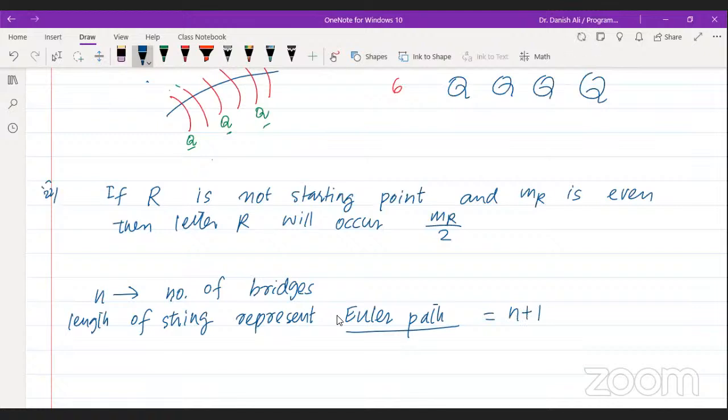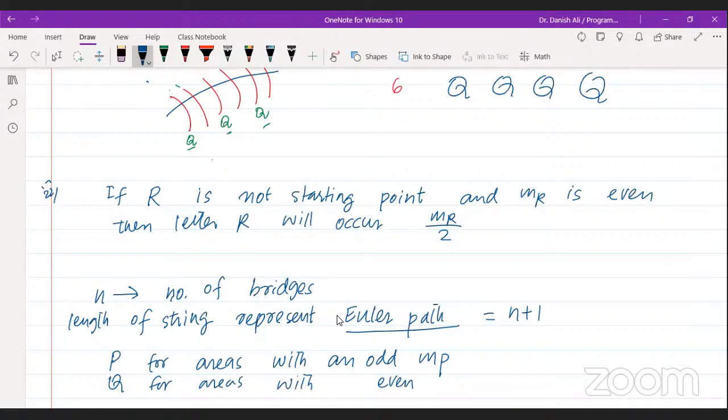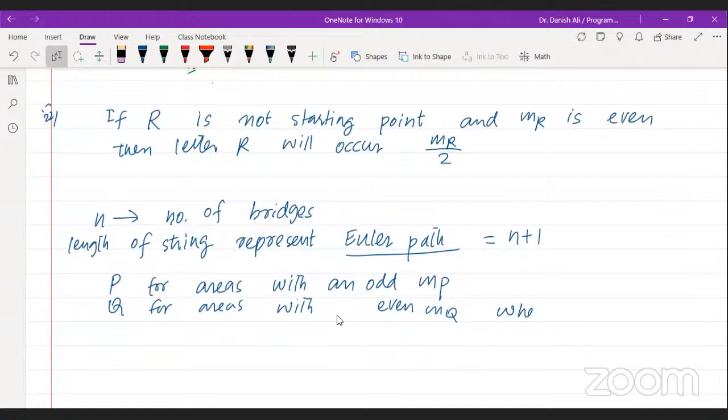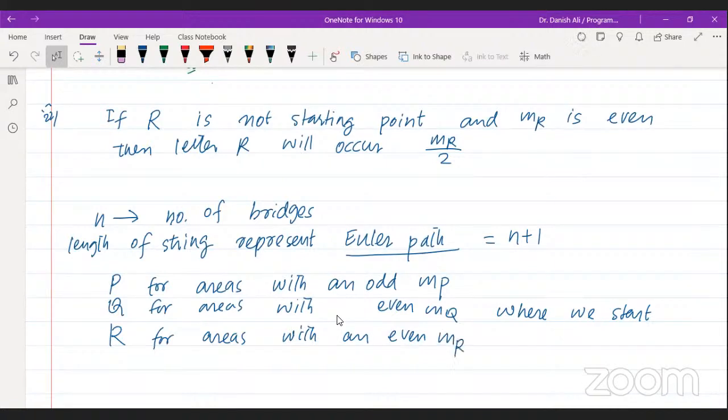Okay. So we write P for areas with an odd number MP, Q for areas with even MQ where we start, and R for areas with again an even number MR, where MP, MQ, MR tell us the number of connected bridges, where we do not start.